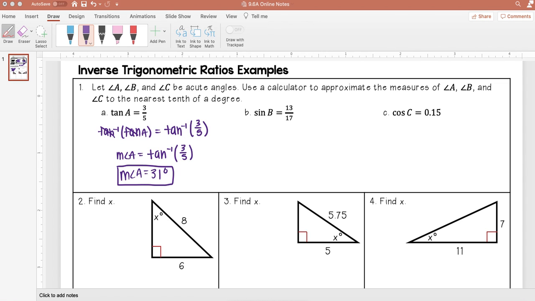So let's try another example. So now I have sine of B is equal to 13/17. So to find what my measure of angle B is, I need to take the inverse sine on both sides. So I get that the measure of angle B is equal to inverse sine of 13/17.